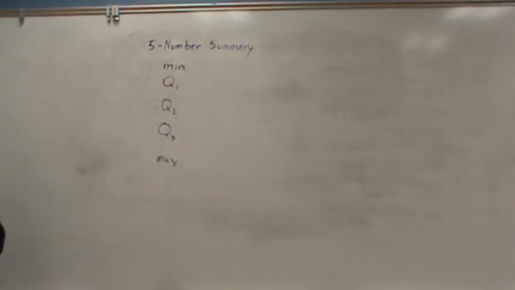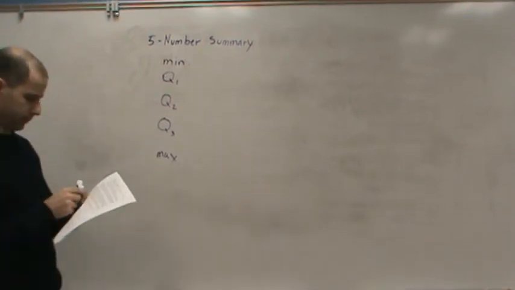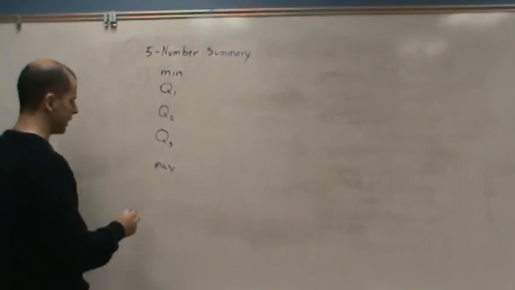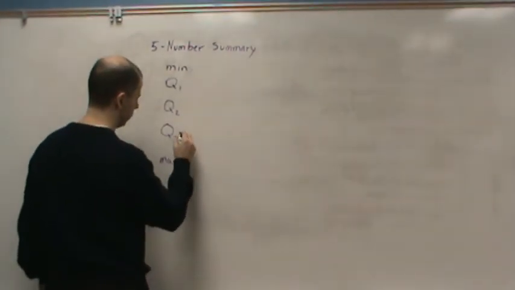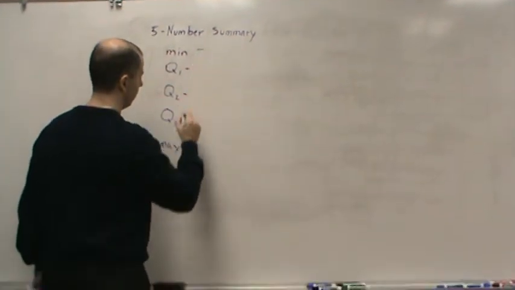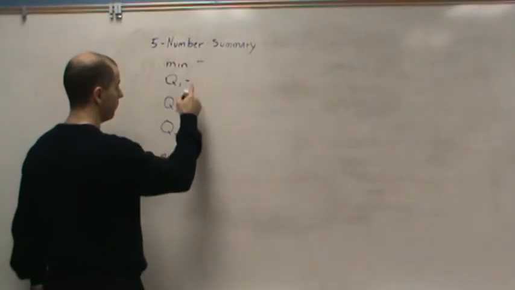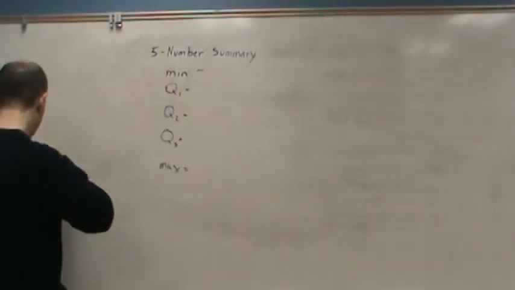In the last example, what did we find? What was the maximum value in the data set? I'm going to use that data set here. So the 5-number summary was: the minimum value was 1.